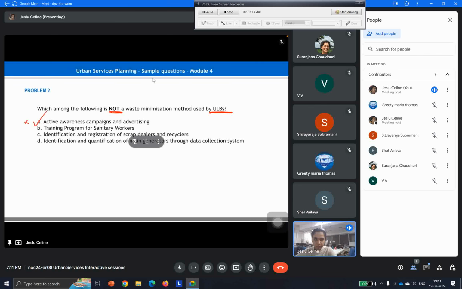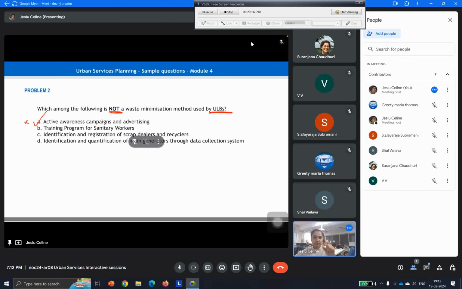But that does not reduce minimization. And as very rightly pointed out, the question only says which of the following is not a waste minimization method. It doesn't talk about generation in specific.